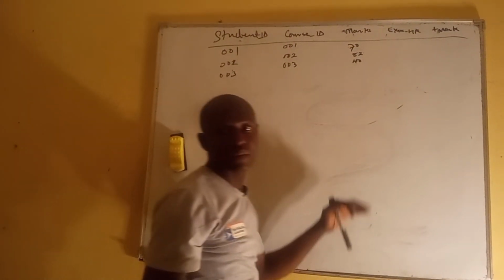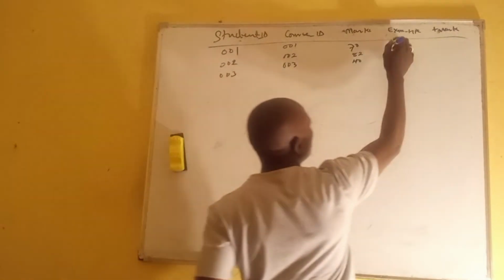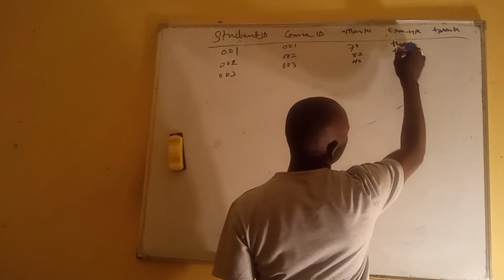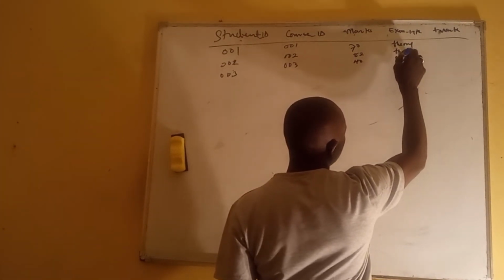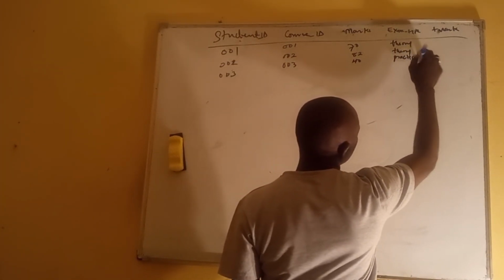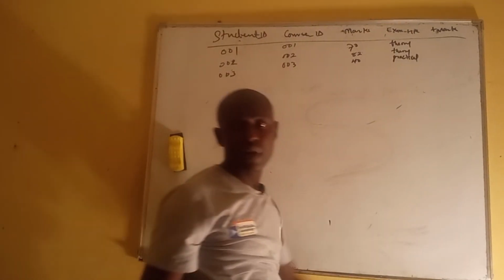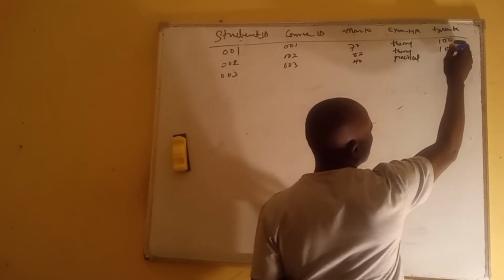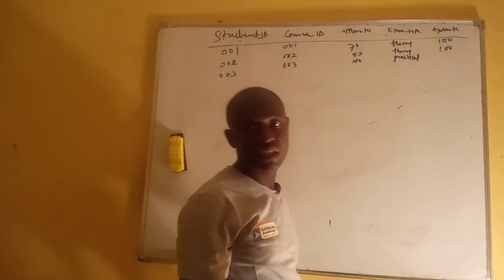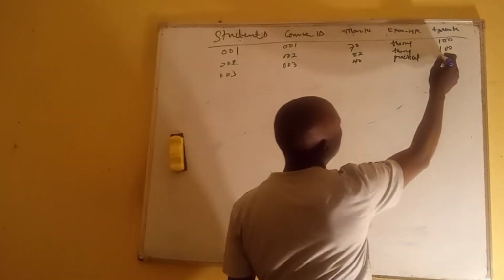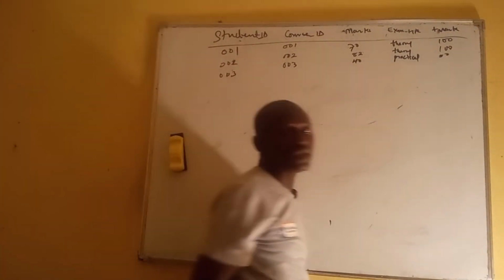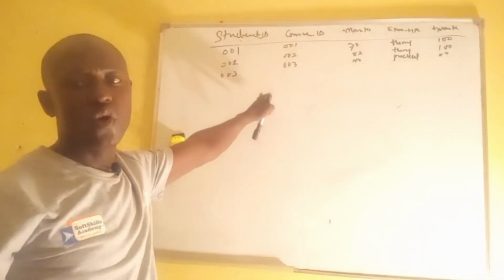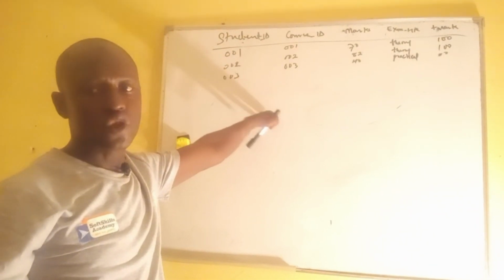Your exam type, here you have theory and practical. Then your total marks here should be over 100, and if this is 50, this is what you are having on your board.